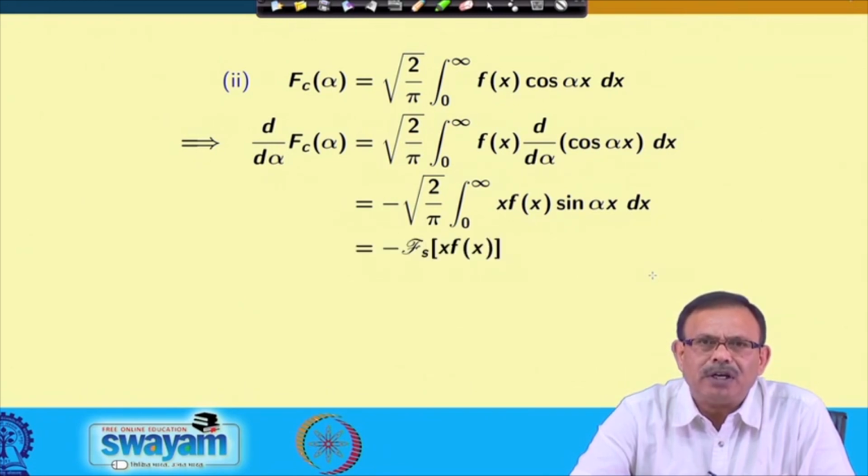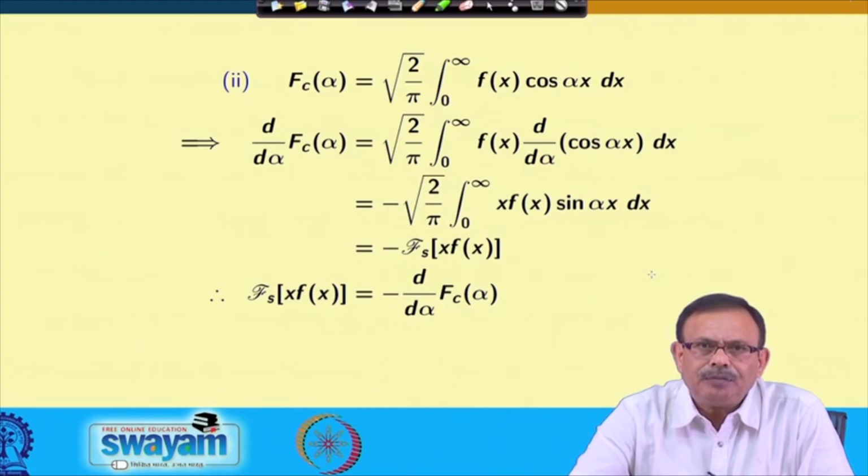So, I am just writing minus Fourier sine transform of x f x. So, we can tell the Fourier sine transform of x f x equals minus d by d alpha of the Fourier cosine transform of alpha. And similarly, as I told, the third proof you should do on your own.